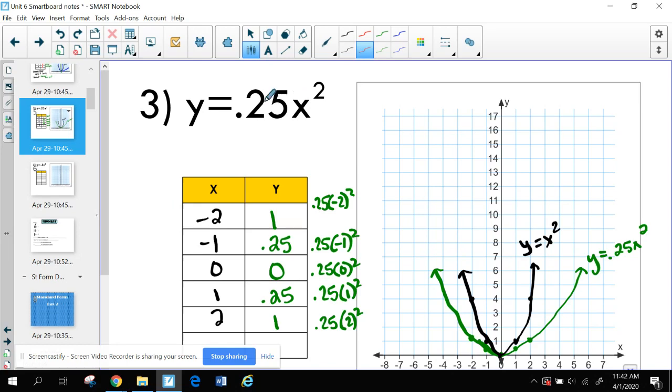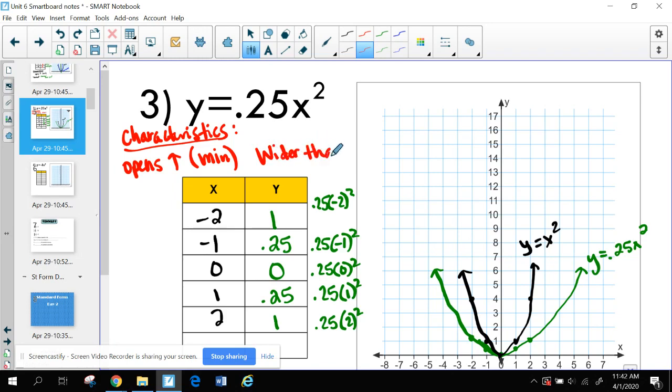So if I wanted to talk about some characteristics, the first thing I could say is that it still opens up, which means your vertex down there is going to be a min. But then we could also say that this is going to be wider than the original y equals x squared, because if you notice, our green parabola is wider than the original one.